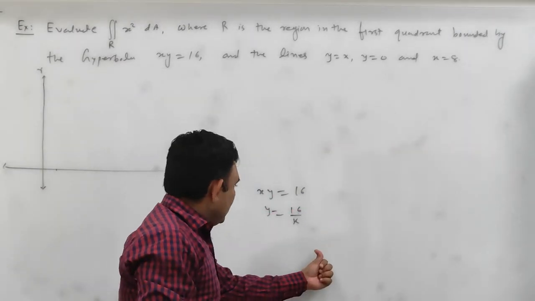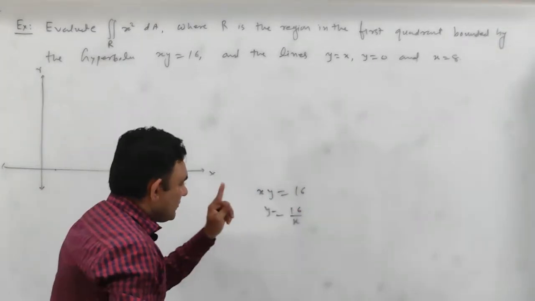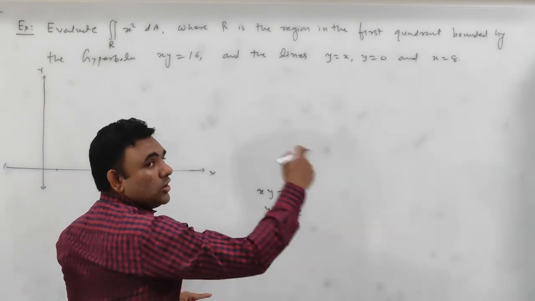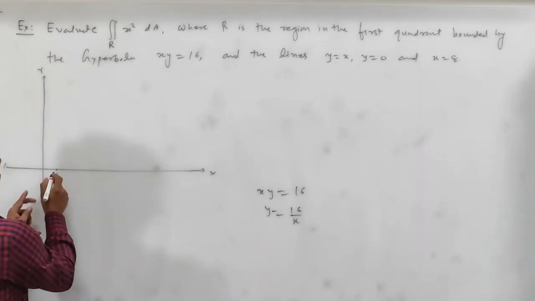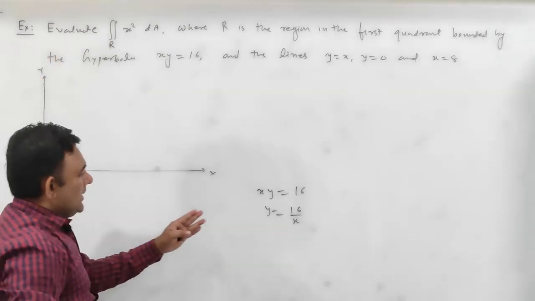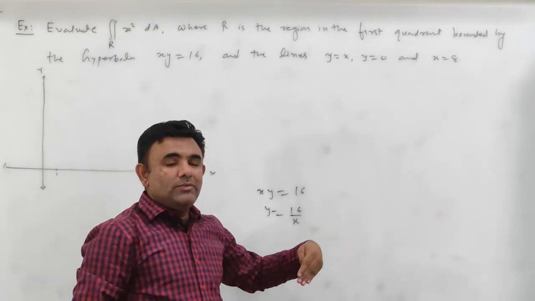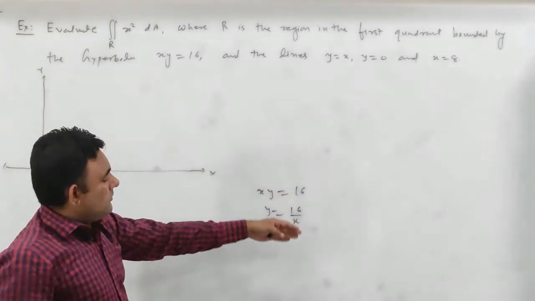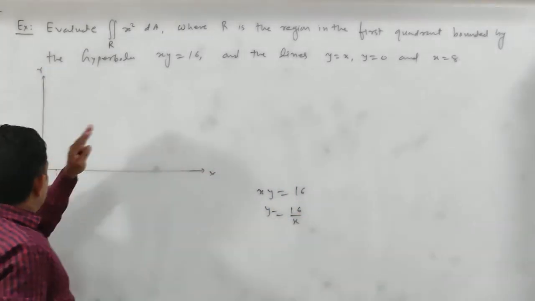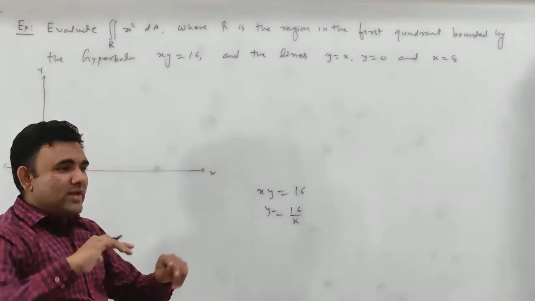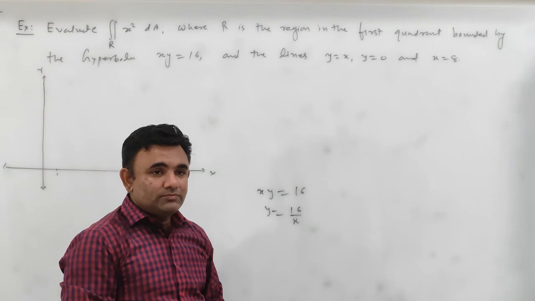And if x is 1 by 2, then y will be 32. X is 1 by 4, then y will be 16 into 4, which is 64. So as x decreases, y increases, so they are inversely proportional.